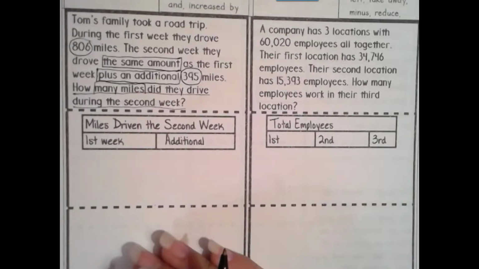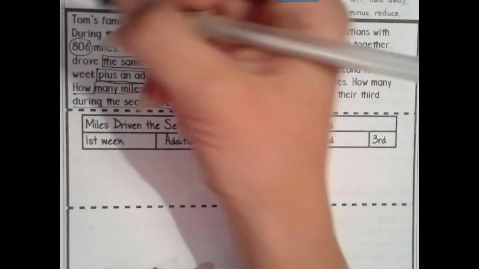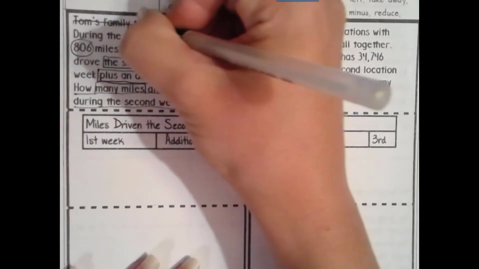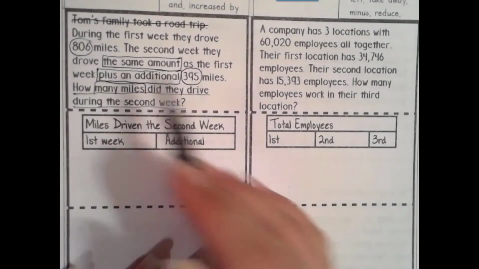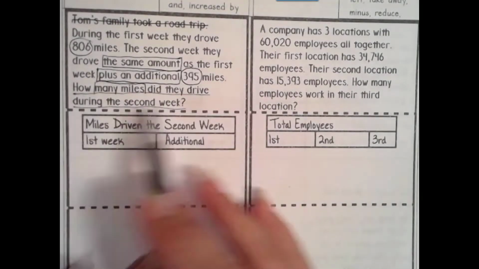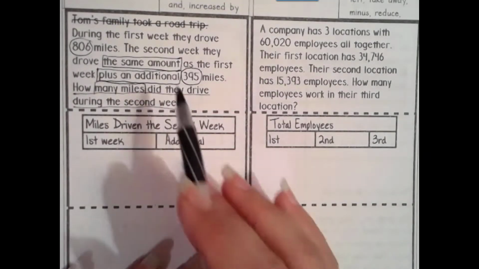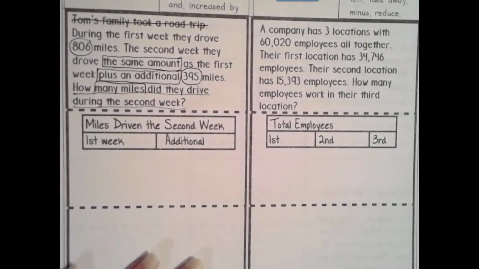E, eliminate any unnecessary information. Tom's family took a road trip. That information right there is not going to help us with solving this problem. Everything else does. So we've circled our numbers. We've underlined our question. We've boxed keywords or key phrases. And now we're going to look at what we're going to be solving.